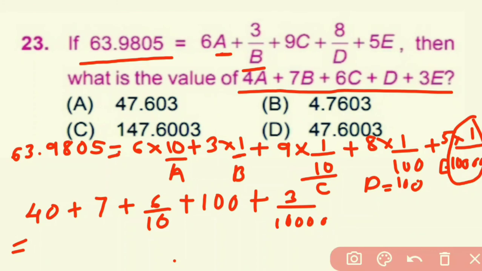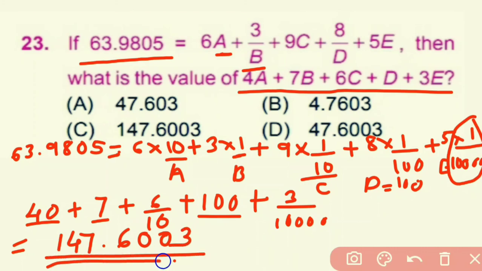So this gives 100 plus 40 plus 7 is 147, then point, then 6 by 10 means 6 here, then 2 0, and then this 3. So here C is correct answer.